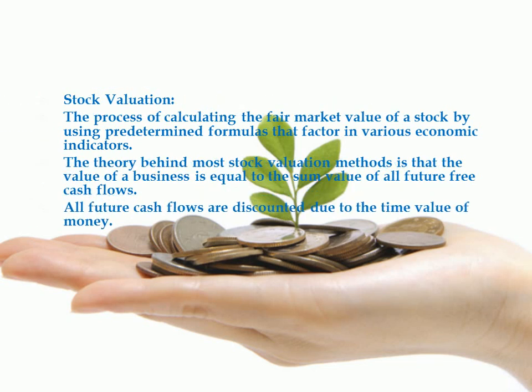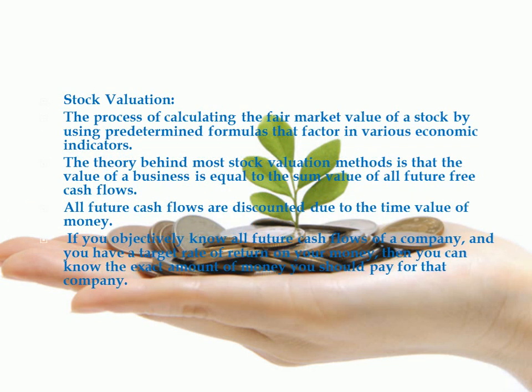So we have to discount the cash flows using the time value of money method to get their equivalent value as of today. As you all understand, $1,000 received in a year's time is not the same as $1,000 received today. So these cash flows that you're going to get from the business are in the future, and we need to discount them to get their value as of today.